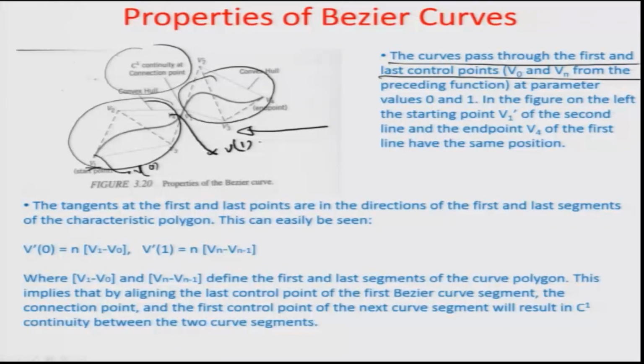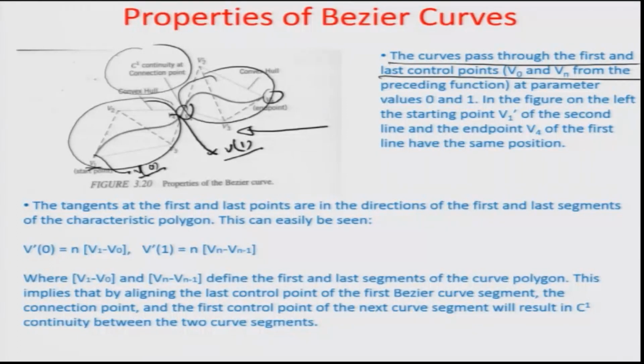And so, V_0 and V_1 are the parametric forms of representation of these point vectors, representing V_1 and V_4 in space for the first segment, and V_1 dash and V_4 dash are that for the second curve segment.